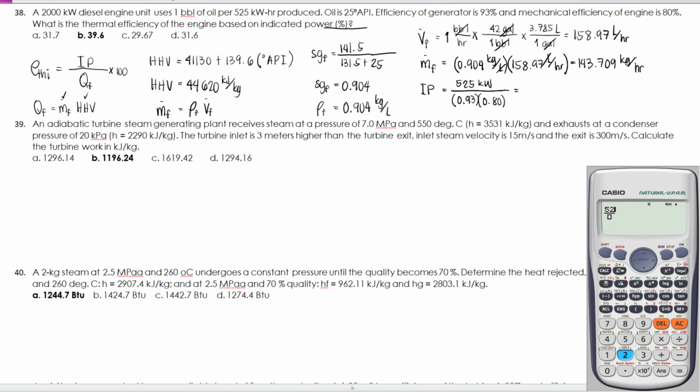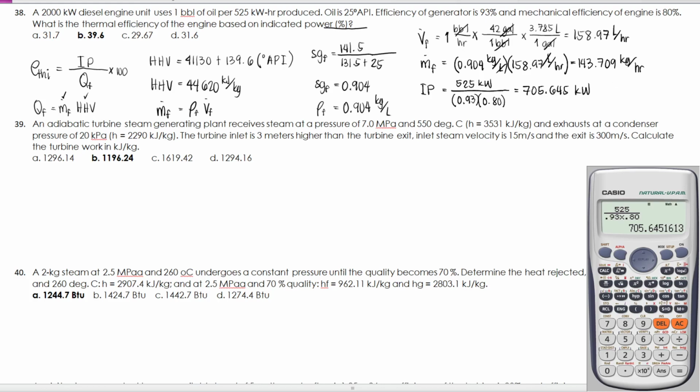So, solve 525 over 0.93 times 0.8. So, that is equal lang sa 705.645 kilowatts.